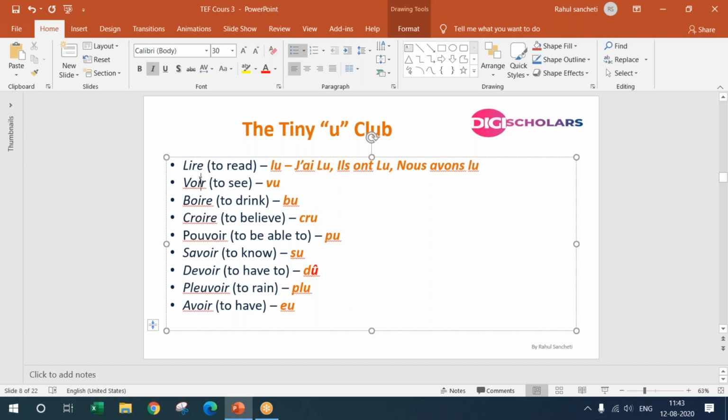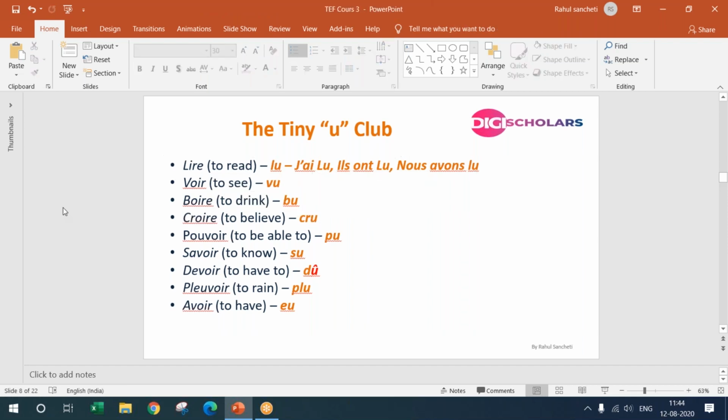So all of these are actually part of one family, that is VOIR. For all, it is U, and here it is RE. Generally for RE you place a U, so BOIU will not make sense, so it is bu. CROIU does not make sense, so it is cru. So this you have to remember.